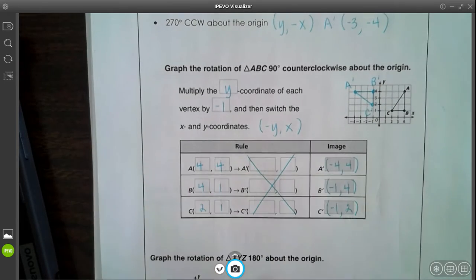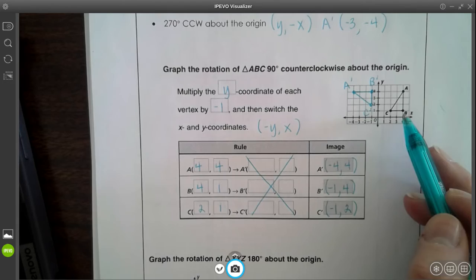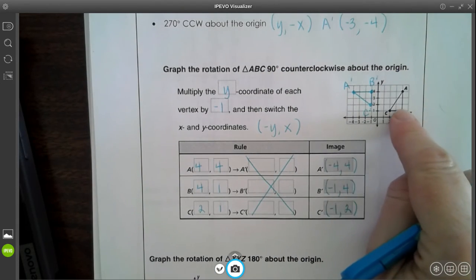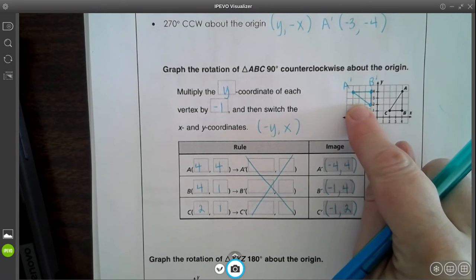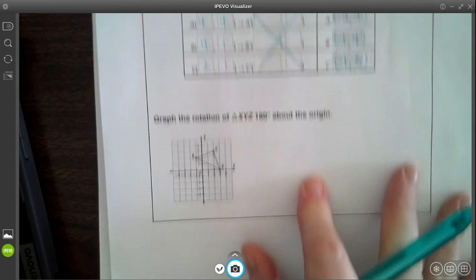Okay, so there we have it. This looks congruent to the original figure, which it should be, and a 90-degree counterclockwise rotation means it goes one quadrant over. So that's what happened here.